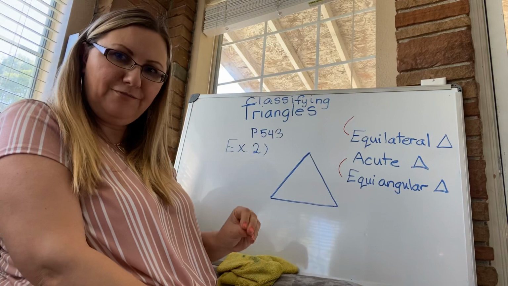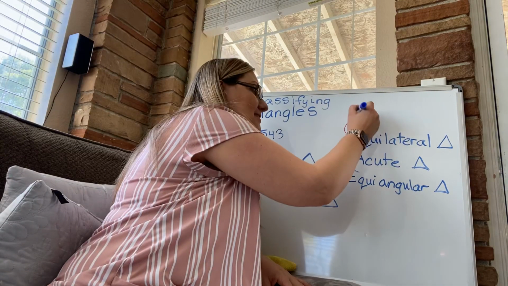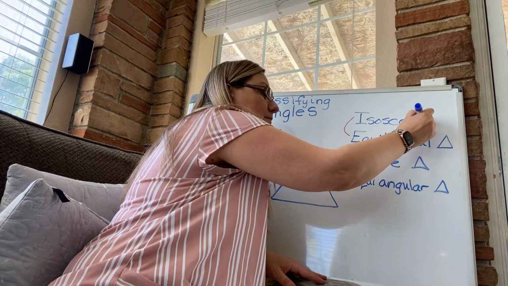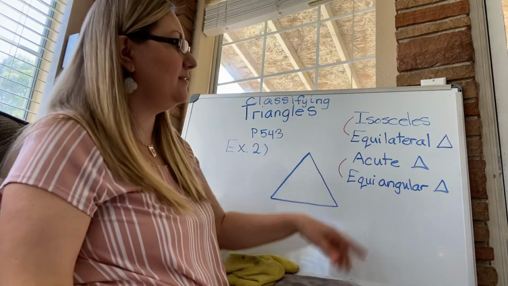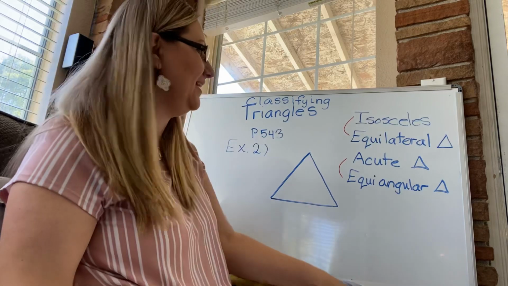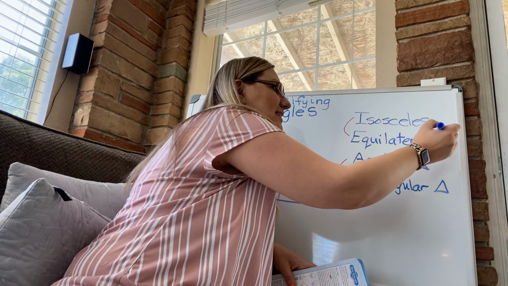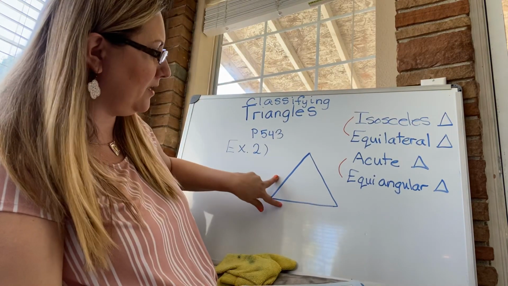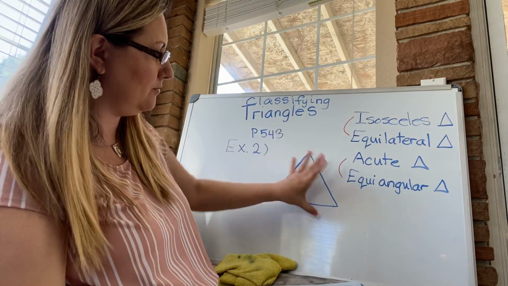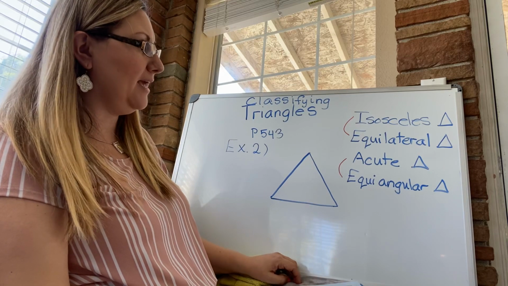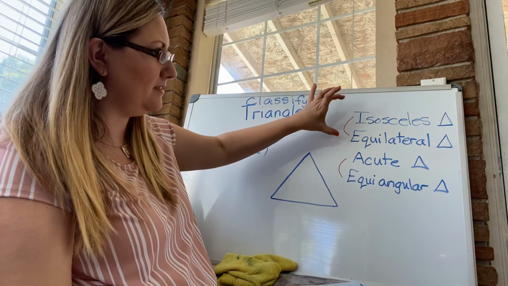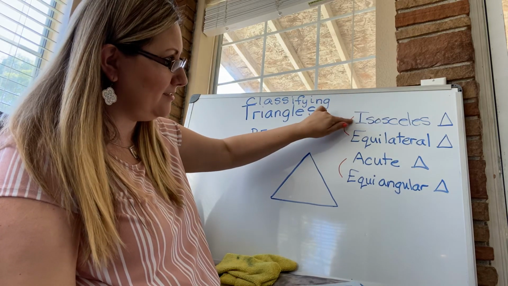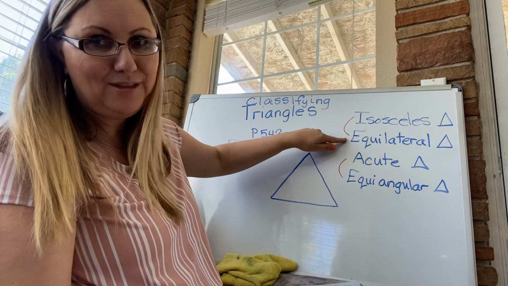But one step down from equilateral is isosceles. Because at least two, these two are the same, these two are the same, no matter how you look at it, looking at the sides, it's an isosceles, but it's even more than that, it's an equilateral.